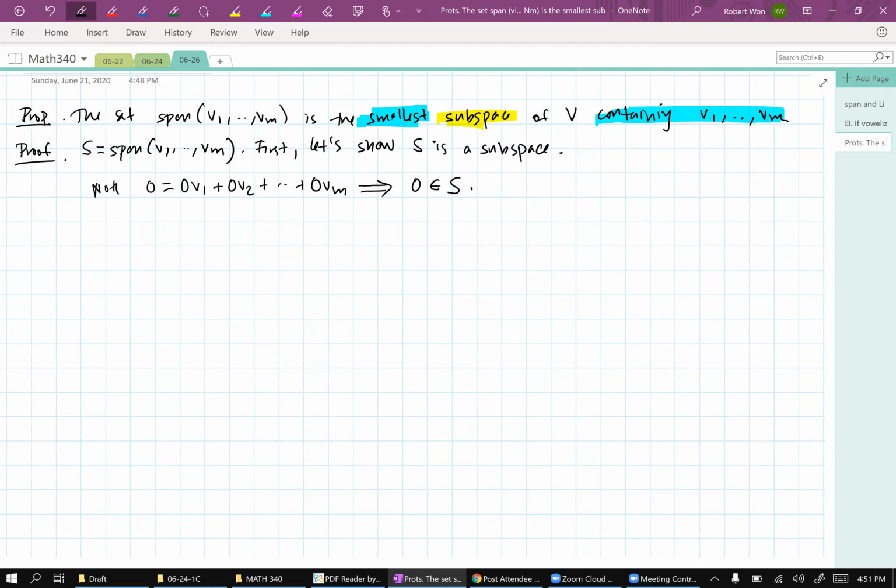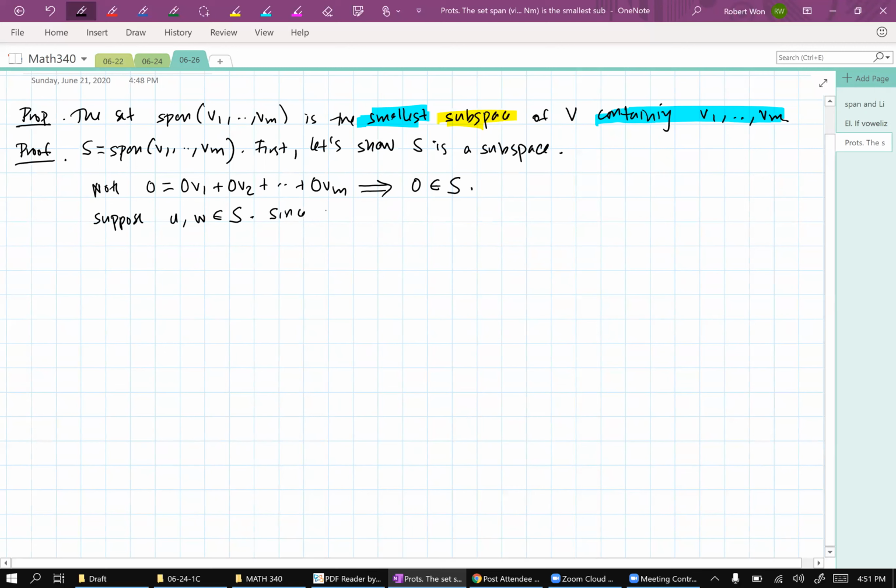We now need to check that S is closed under addition. So let's suppose that u and w are both vectors in S. I want to show that u plus w is in S. Well, what does it mean to be in S? To be in S means that you are a linear combination of v1 through vm.